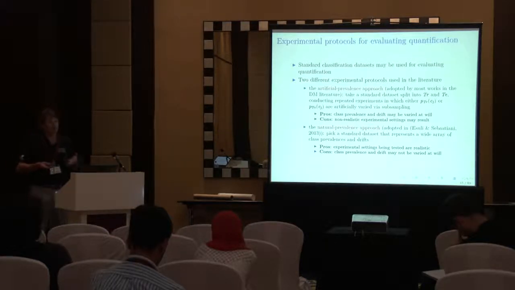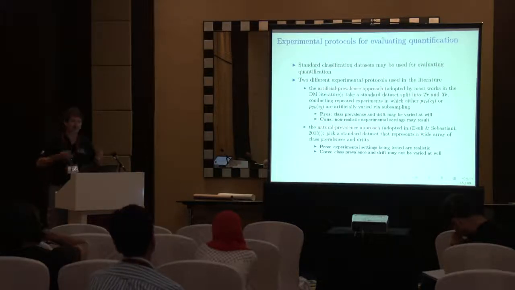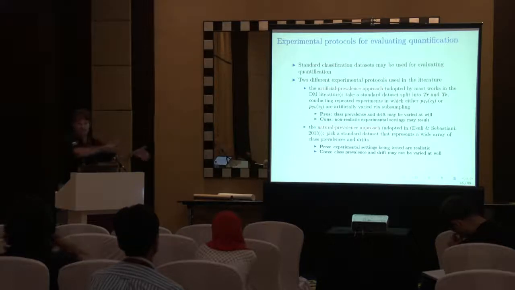Say your class of interest in the training set accounts for 30% of your dataset, so the class prevalence is 0.30. You can repeat experiments by removing some of the positive examples so that your class prevalence becomes 0.25 or 0.20 or 0.10 or 0.01.